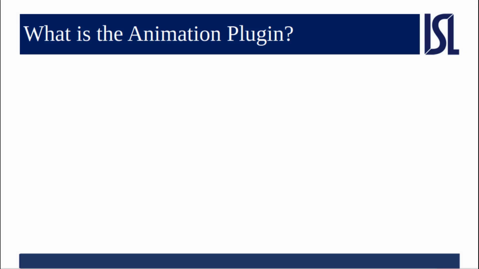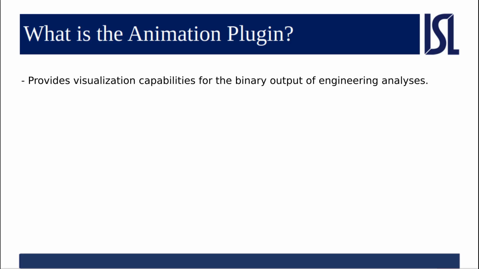Before we start, let's get to know what the animation plugin is and what the tool aims to achieve. The animation plugin for the Symbolic Nuclear Analysis package, developed by Information Systems Laboratories, provides visualization capabilities for the binary output of engineering analyses.